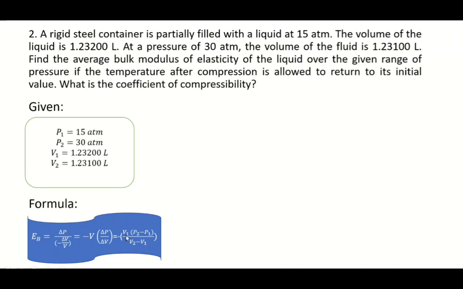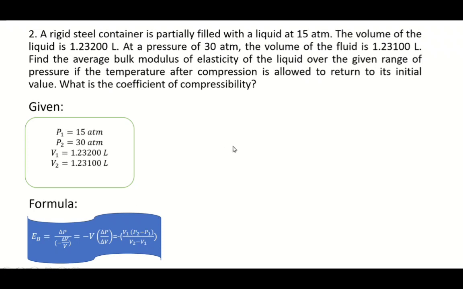To simplify it, we have the formula of negative V1 times P2 minus P1 over V2 minus V1. So this is our formula to use in our solution. We simplified it so that it is easy for us to substitute the given values in our formula.